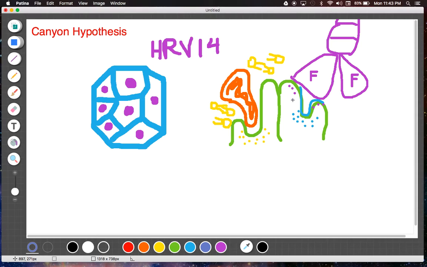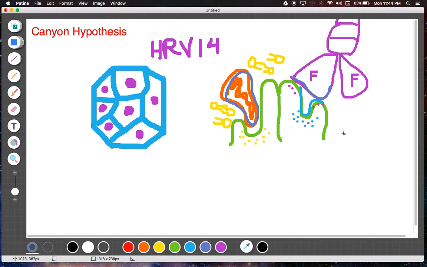So overall, the virus is able to do what it needs to do. It is able to attach to this membrane protein in the host cell, and it's able to infect the cell. However, if the host's immune system tries to attack it, the antibody doesn't fit down into the canyon where it needs to be to attach to the antigens presented by the virus.